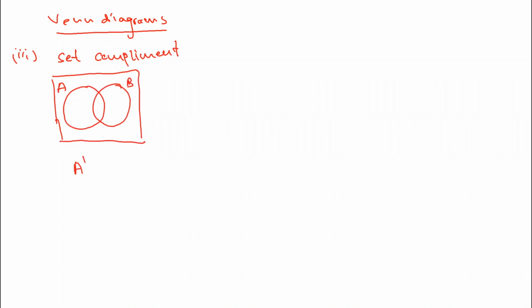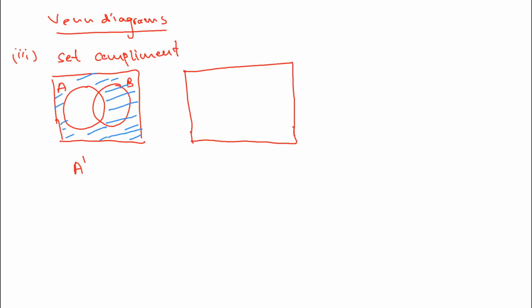That means the probability of not occurring A, which means this area, the outside area except A. That is called A complement. And if the two events are mutually exclusive, which means disjoint, in that case A dash, or what we call A complement, means this area.